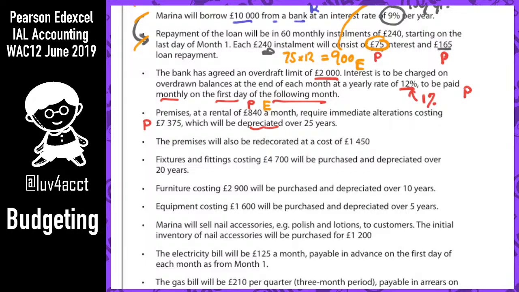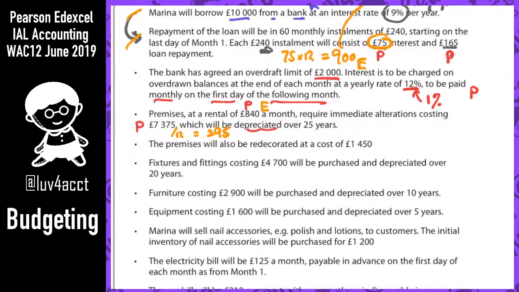So 7375 divided by 25 years, it will be 295 per year. Okay, this is our annual depreciation for the alterations, which will go into our expense.